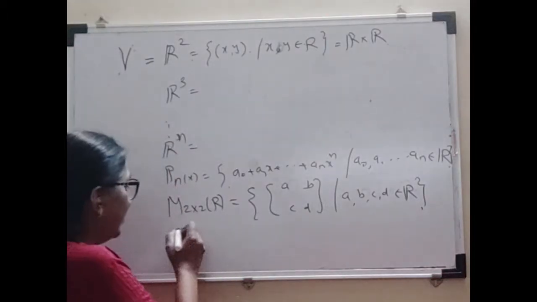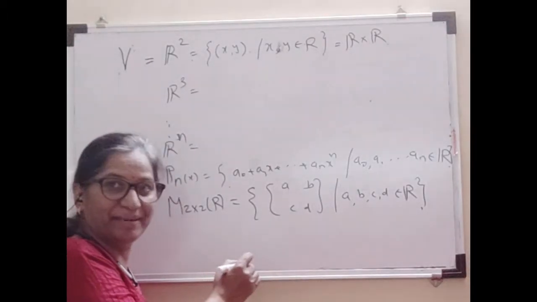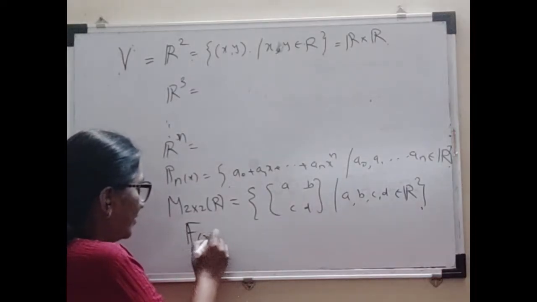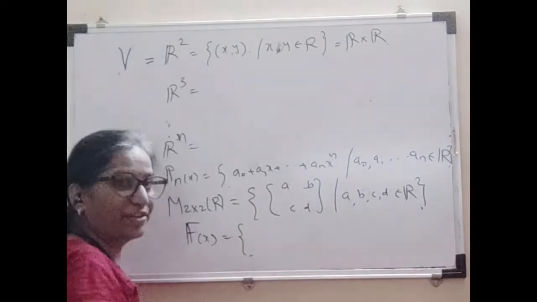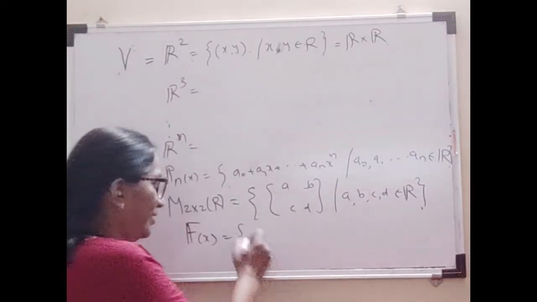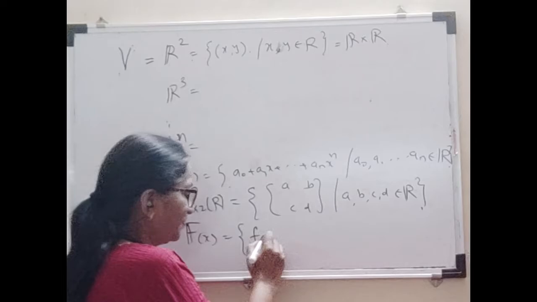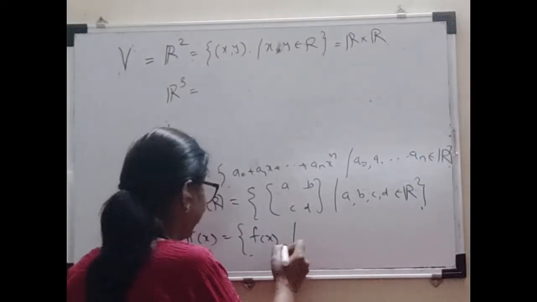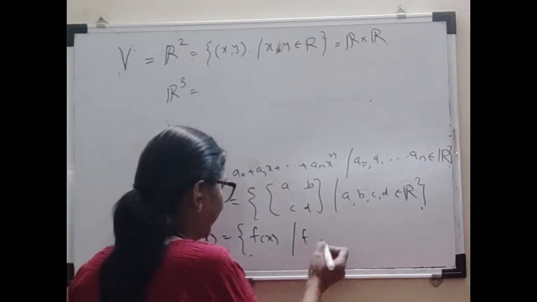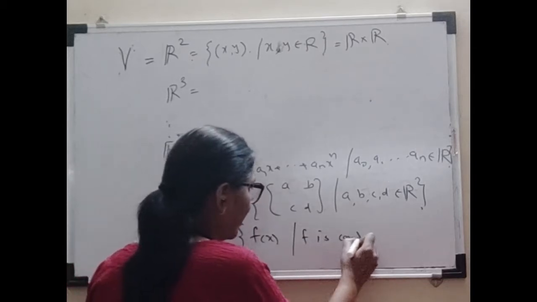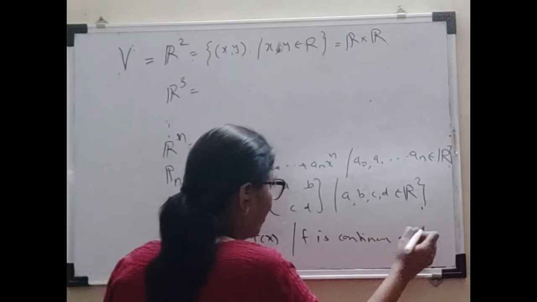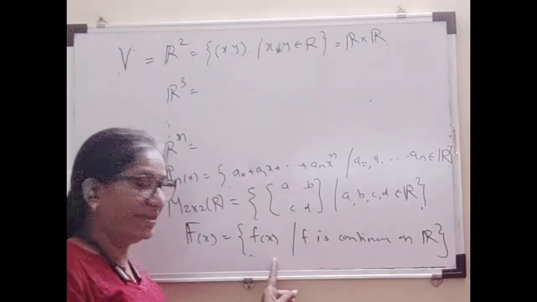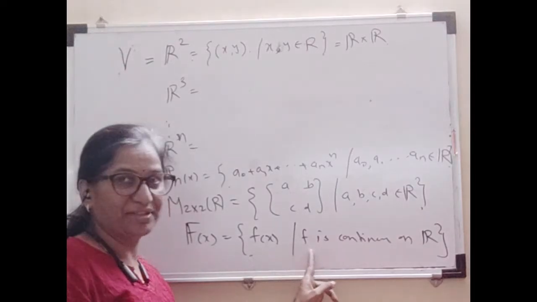Any other example? Yes, function space. We may define this capital F as the set of all functions f of x such that f is continuous on R. So what I have defined here is the set of all continuous functions.